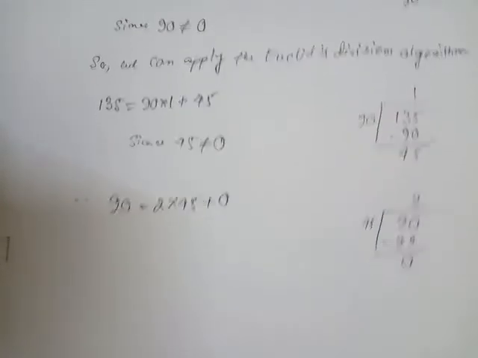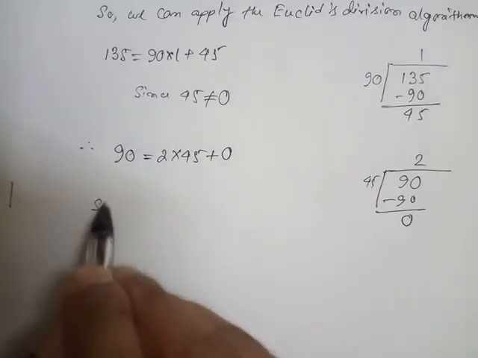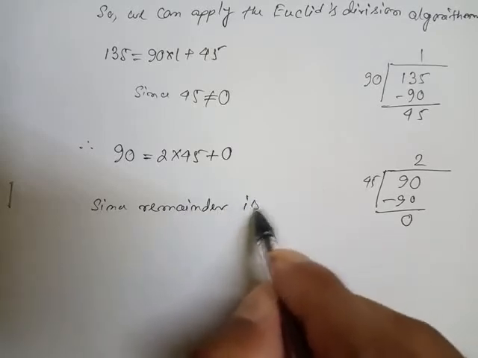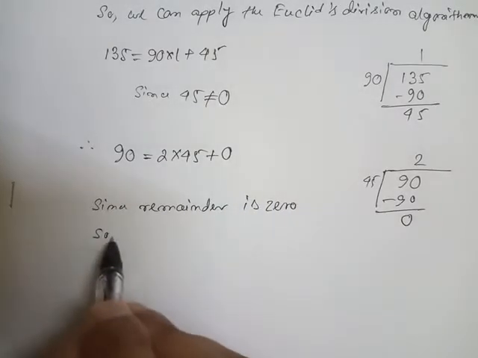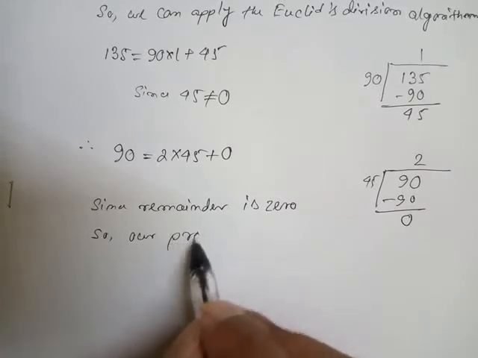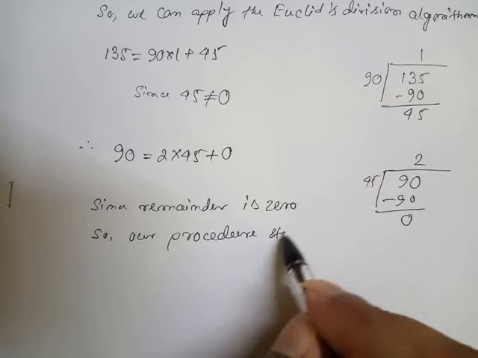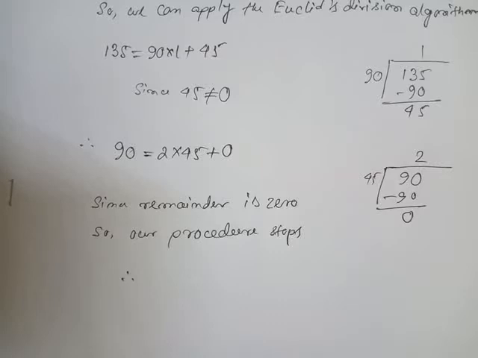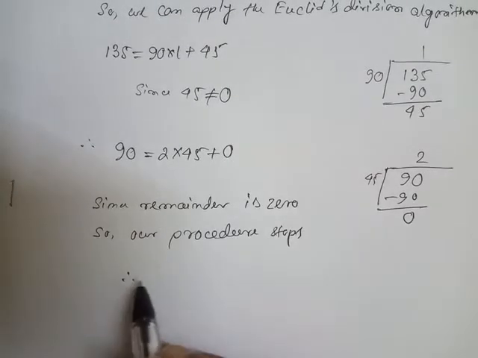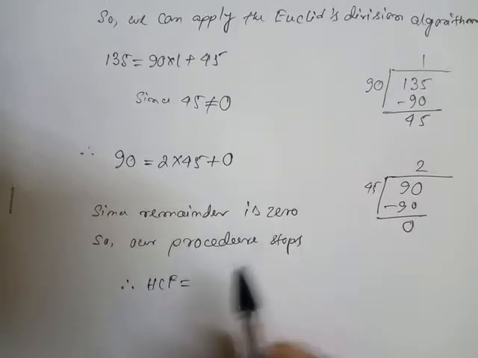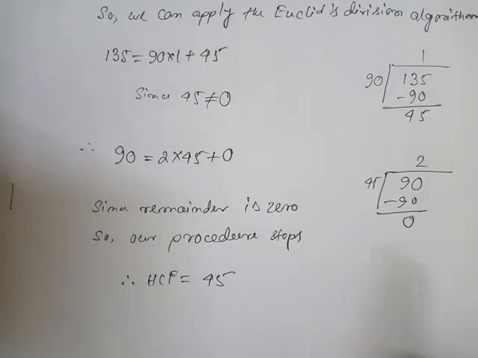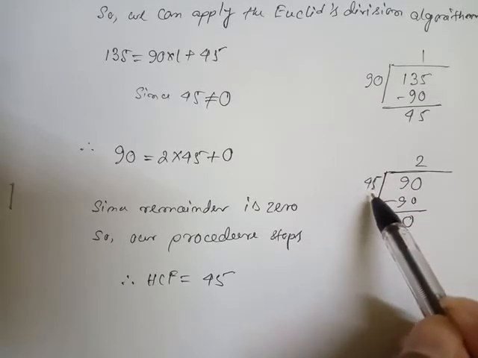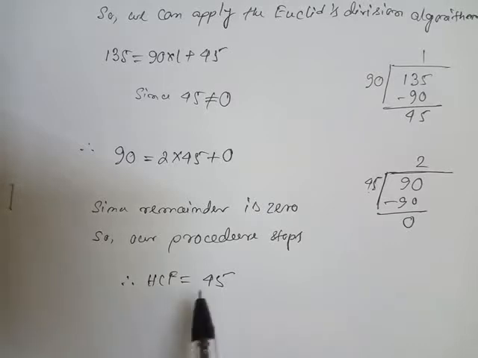Since the remainder is 0, our procedure stops. Therefore we can say our HCF is 45. Why? Because in the last division step 90 is divided by 45, that's why we got remainder 0, and that's why the HCF is 45.